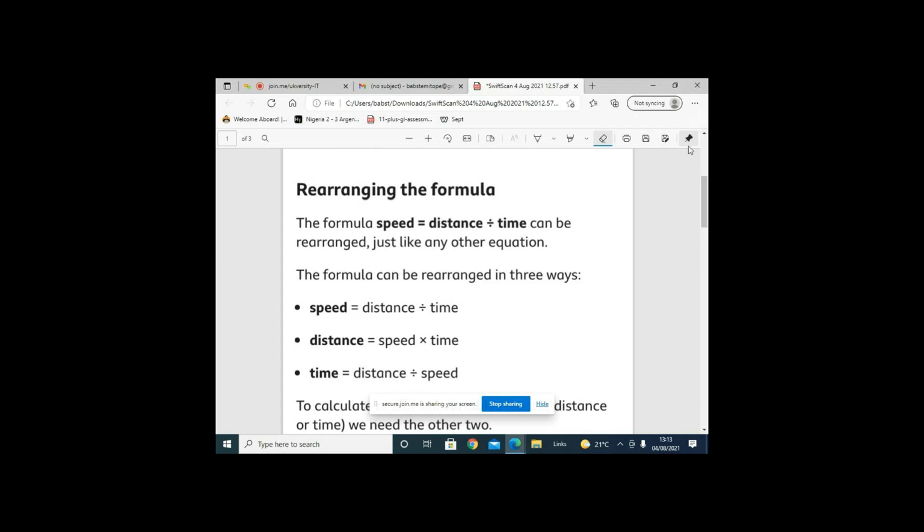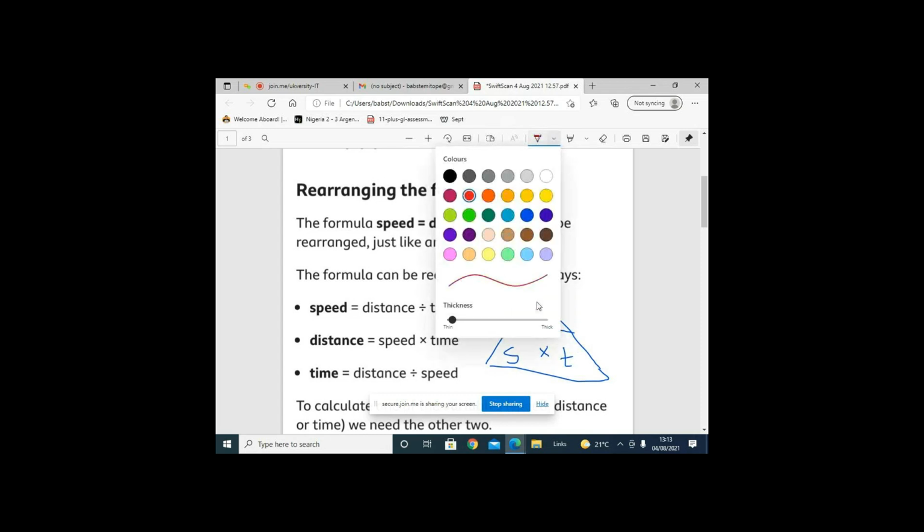So there's this triangle you can use to remember it. This is speed times time equals distance.